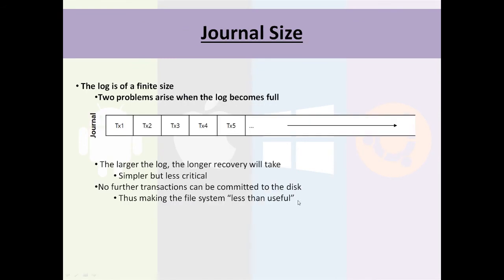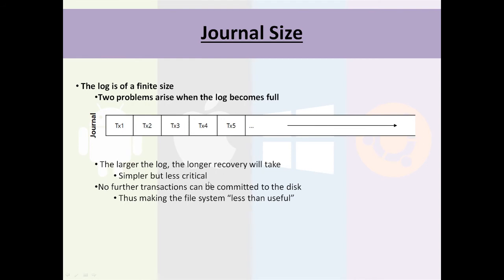But that brings us to maybe another issue: if we have multiple transactions pending, how big can our journal actually get? What happens when our journal gets too big as well? Well, the log is of a finite size, right? And we can have multiple logs sitting in our journal. And 2 problems arise when the log becomes full.